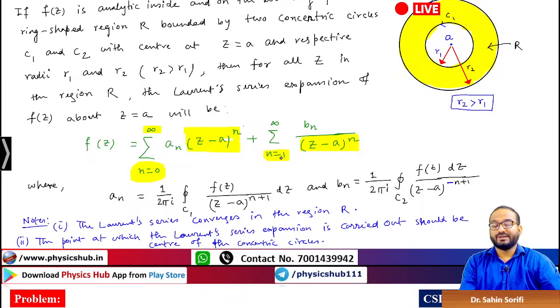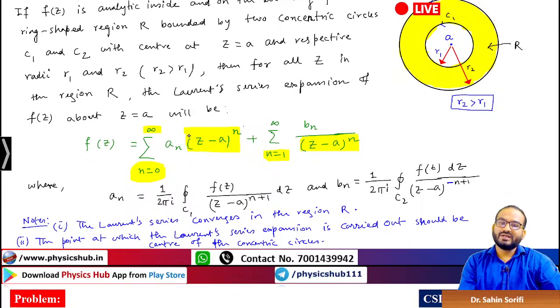Either you put n equals to 1, you get 1 by z minus a, n equals to 2, you get 1 by z minus a whole square, n equals to 3, 1 by z minus a whole cube. But here if you put n equals to, let's say, minus 1, you get 1 by z minus a, n equals to minus 2, you get 1 by z minus a whole square. So effectively the range of n is minus infinity to plus infinity, okay.